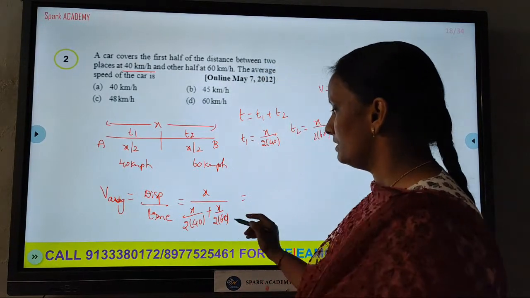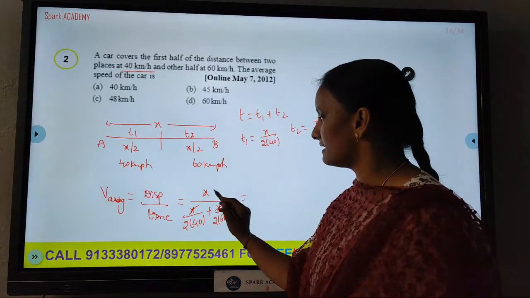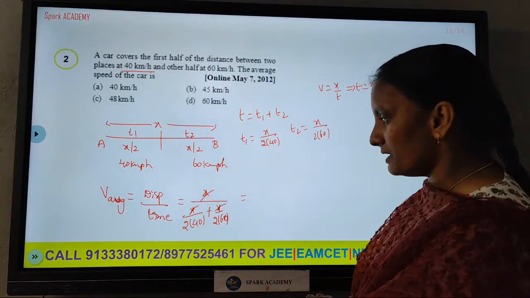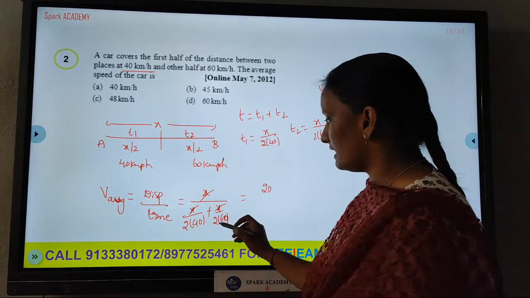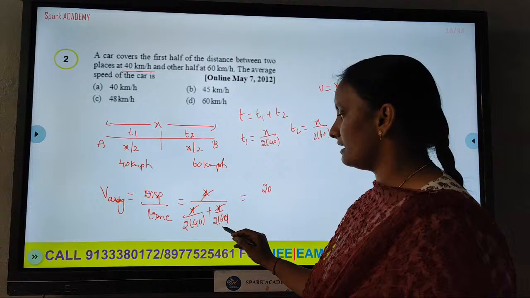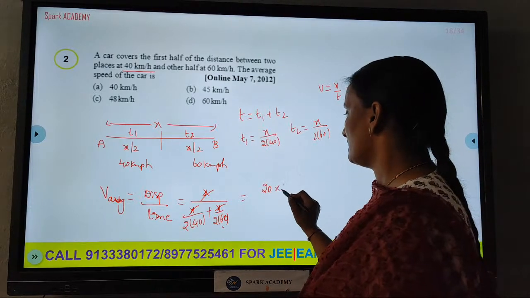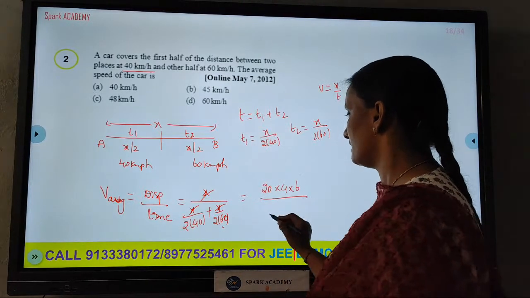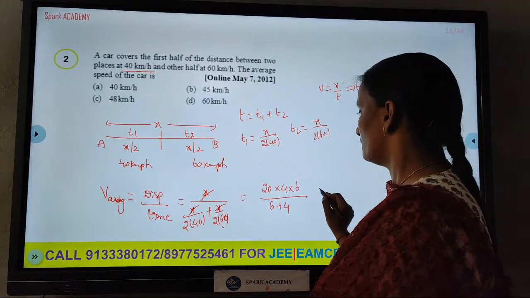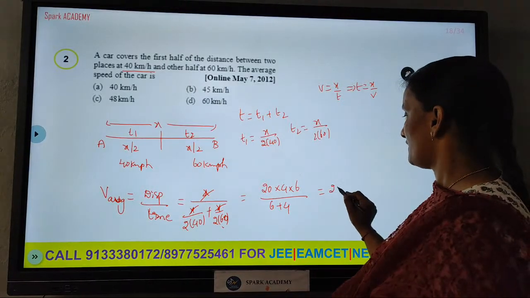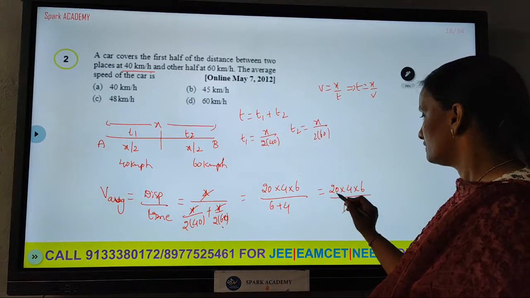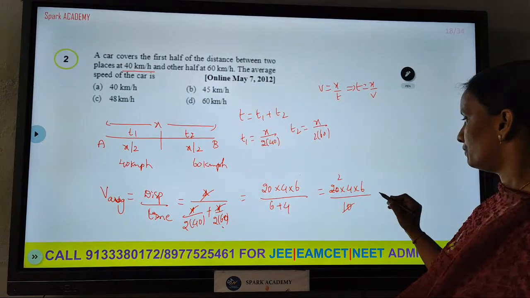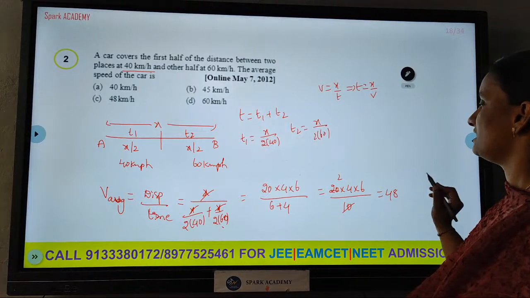Take x common, it gets cancelled, and you can take common 1 by 20. Take LCM, here 4 remaining and here 6 remaining. After taking LCM, 4 into 6 by 6 plus 4, which will be equal to 20 into 4 into 6 by 10. So 2 times 24, 2s are 48.